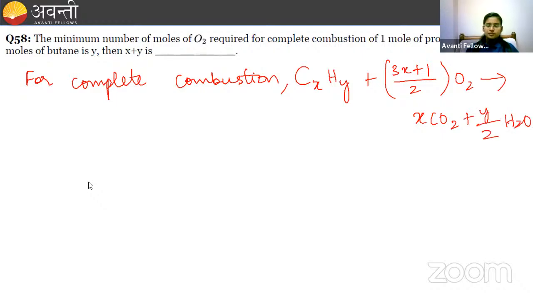This is the formula. And we have 1 mole of propane.